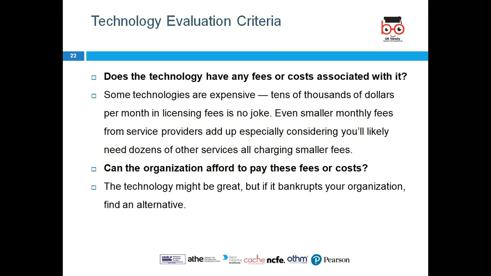Does the technology have any fees or costs associated with it? Obviously, if it is freeware, then no cost, and if it is commercial, then you need to pay. Can the organization afford to pay these fees or costs? These are really good questions, isn't it? For the assignment purpose, if you created your solution in, let's say, a web server which uses Windows and Apache server, you can say that it's free.